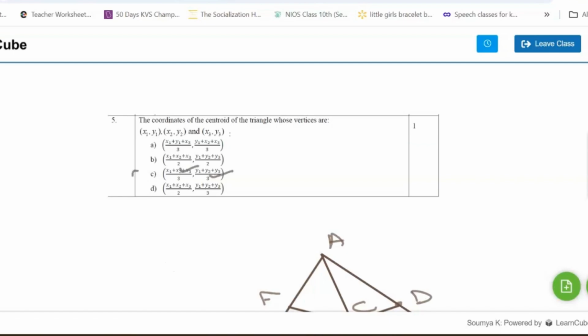So this is the correct one. Option C is the right answer. This has 2 here, so that's why it's wrong. It has some other term coming, it is wrong. And here both have 2 in the denominator, that is wrong. So C is the correct option. Hope you understood. This is the way you have to find out the centroid even if the coordinates are given in numbers.